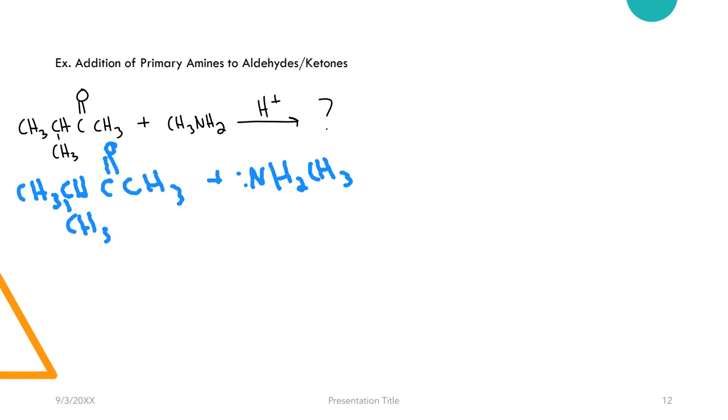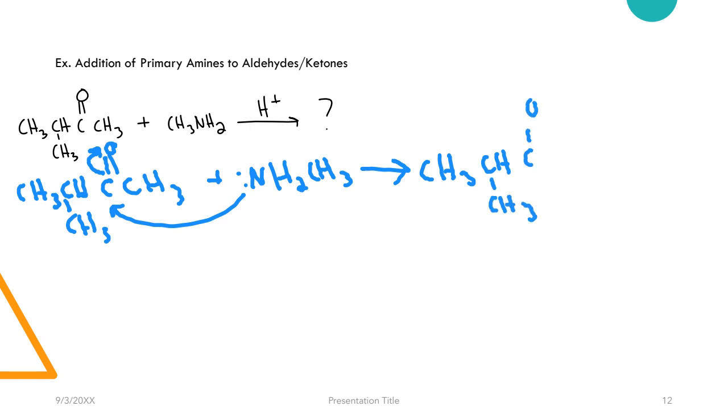Okay, so the nitrogen lone pair of electrons attacks the electrophilic carbon and breaks the double bond, which makes an oxygen anion.